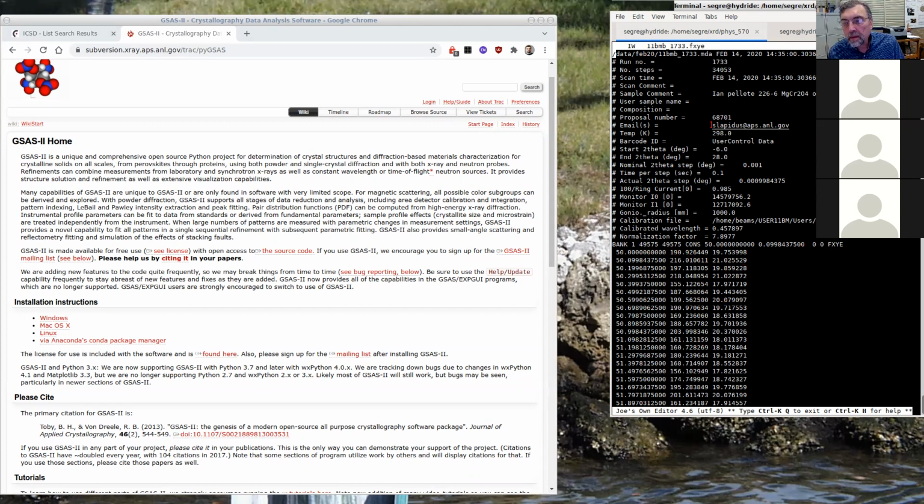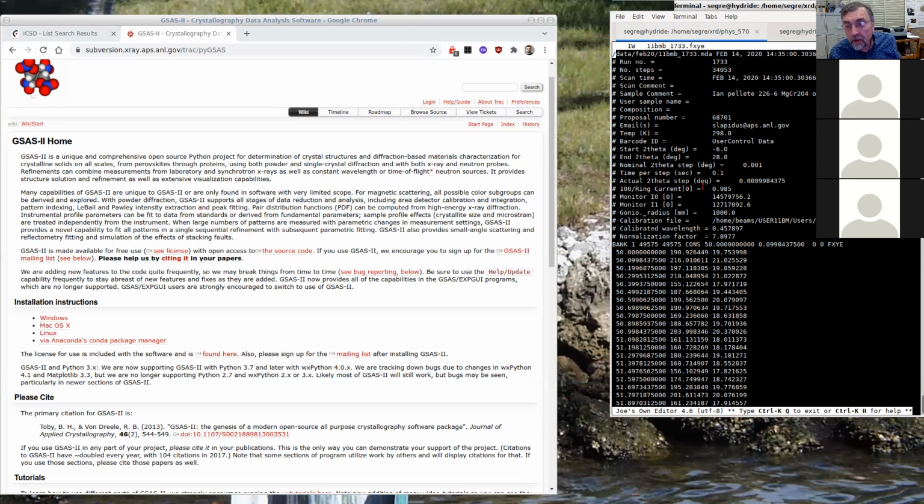This was taken by Saul Lapidus, and he generously gave me the data so I could use something nice to demonstrate on. It's a pellet of MgCr2O4 on Kapton, and that's what we're going to work on. There are 34,000 data points on this, and this is all done through the automatic system.